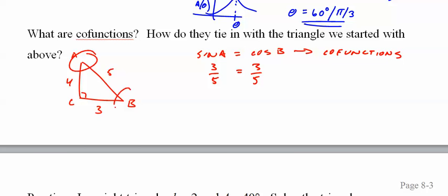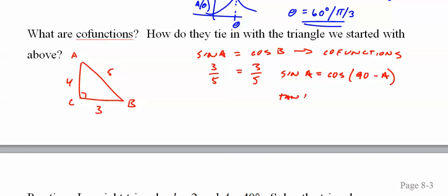Since A and B add up to 90, we can write it like this. Sine of A equals cosine of 90 minus A. And that's a cofunction. Tangent and cotangent are cofunctions.